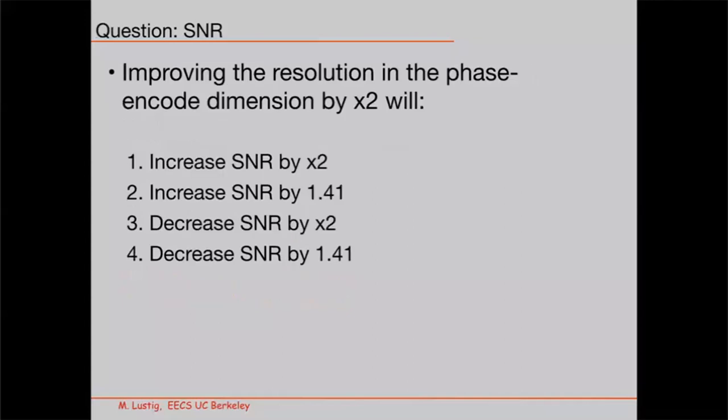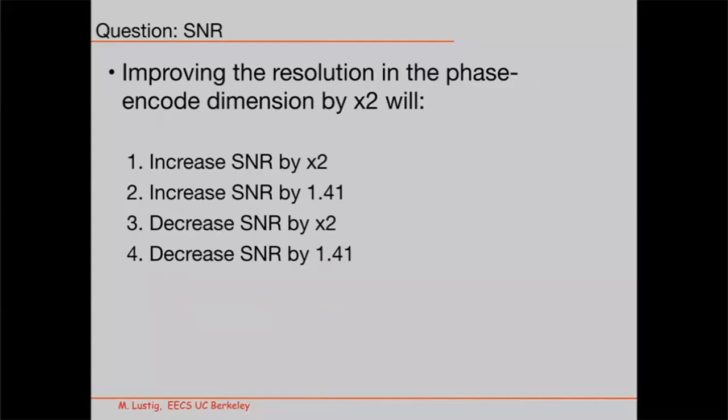All right, next question. Improving the resolution in the phasing code dimension by a factor of 2. And improving means that your voxel sizes are half the size now in the phasing code direction. Will: 1, increase SNR by 2; or, anyway, it'll decrease SNR by 2x.